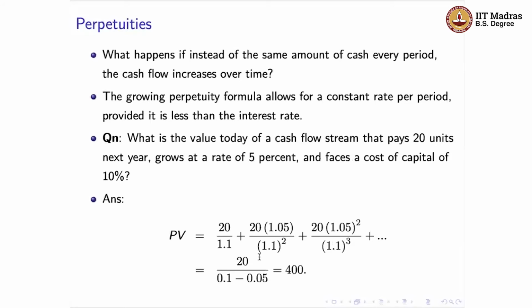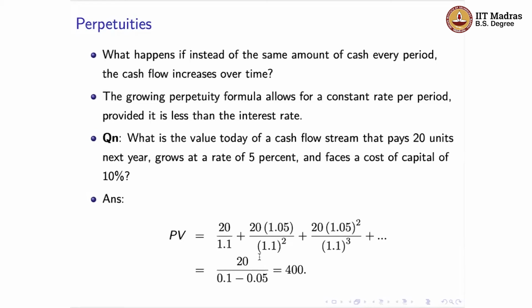Okay, let's now modify this case. Instead of having something which is constant throughout, what happens if you have the cash flow increasing over time? This is often the case because sometimes the cash flow coming in has to be linked to inflation, for example.